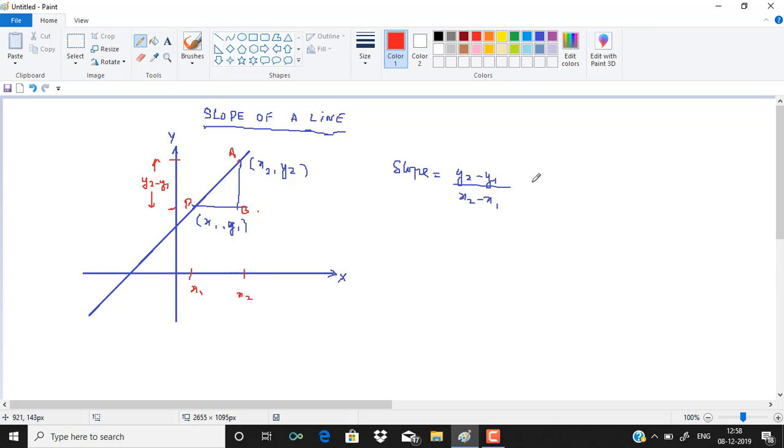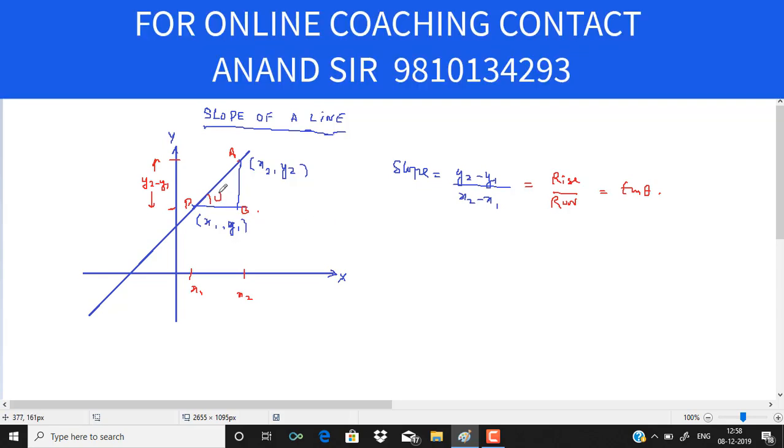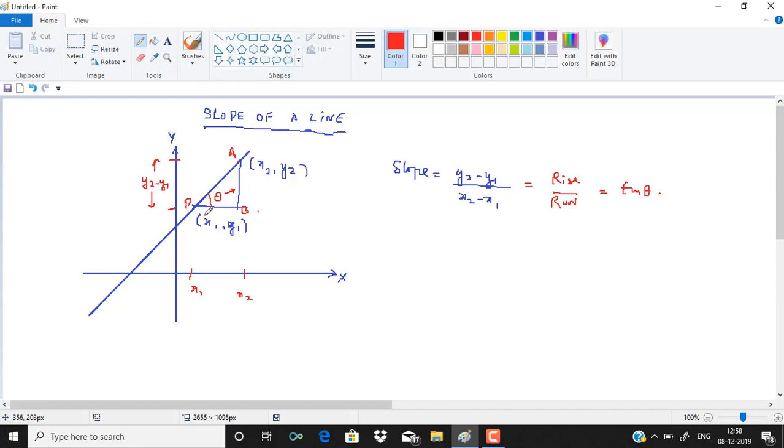So here slope of the line is y2 minus y1 over x2 minus x1, which is also known as rise over run, or you can say tan of theta. What is tan theta? If we take this angle as theta, then tan theta is opposite side, that is AB over PB.